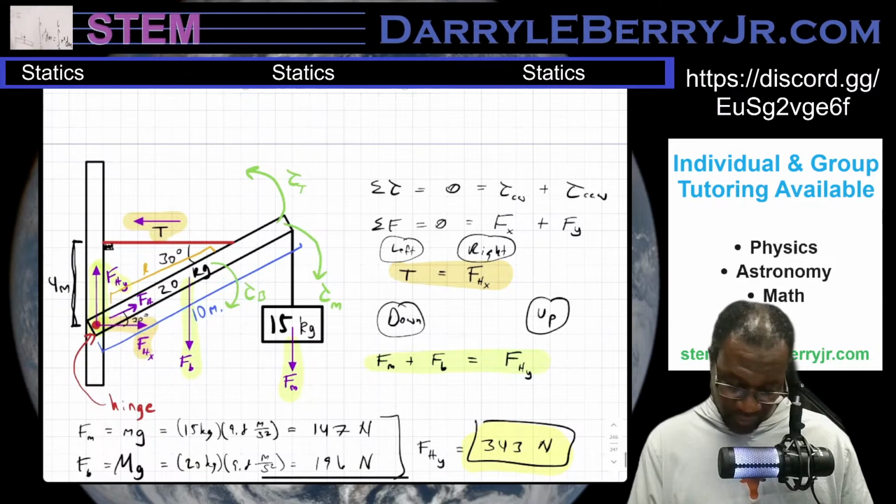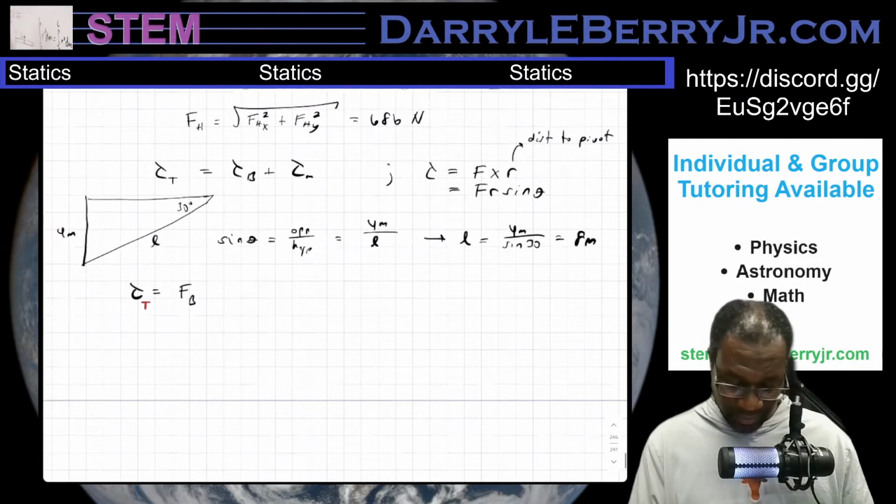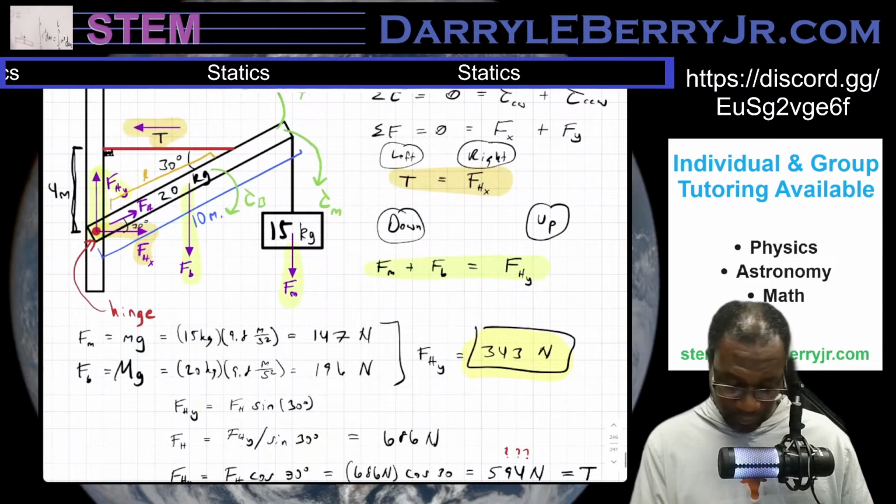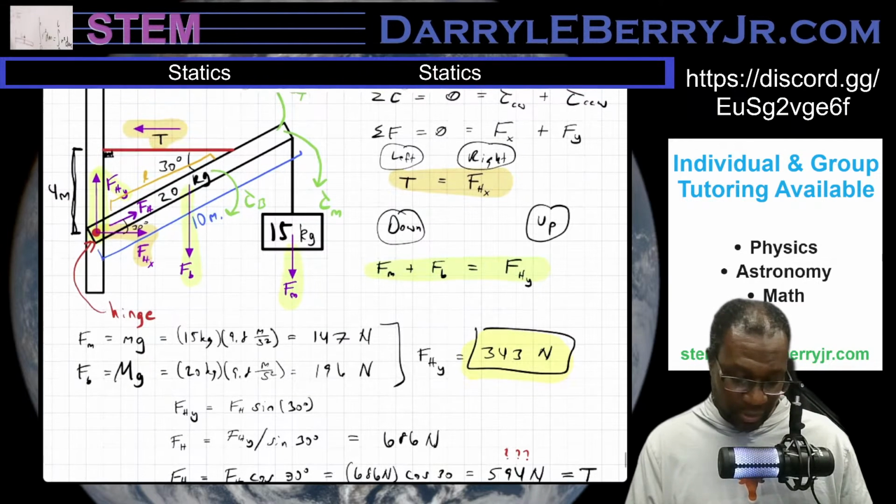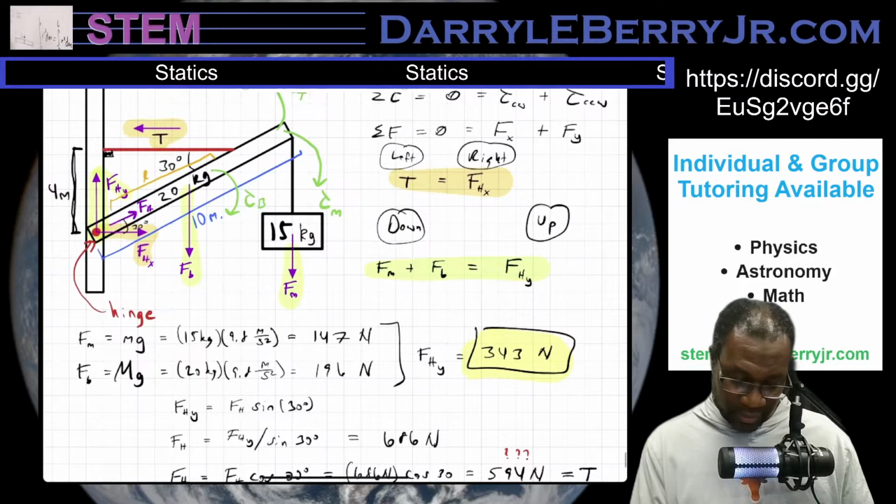The radius is going to be from the center of the beam, so that's 5 meters. And sine of theta. So the angle that the torque is pulling from is 30 degrees. So we can say that, because if it was 0, there would be no torque. If it was 90, it'd be 100% torque. So it's 30 degrees, so that's the angle that you use, the angle right there.